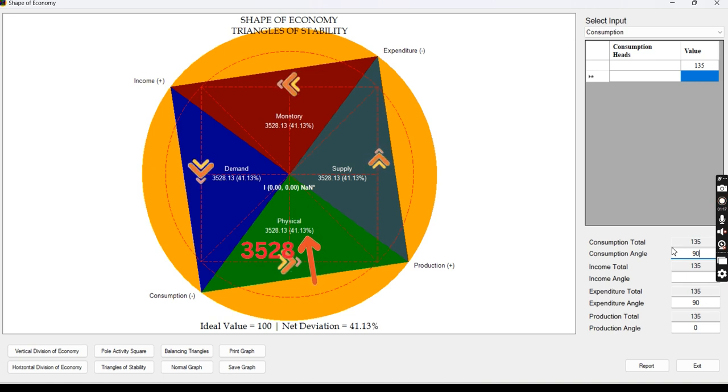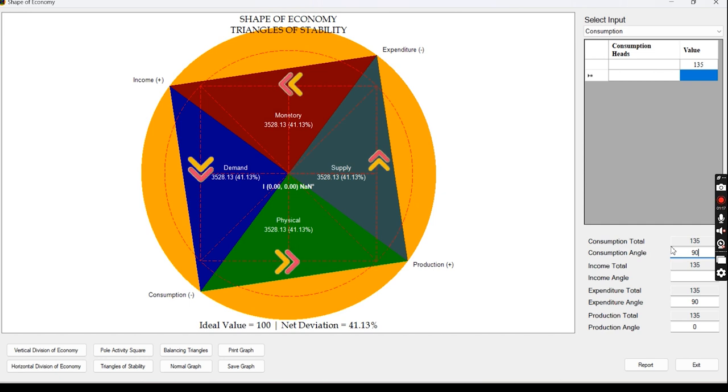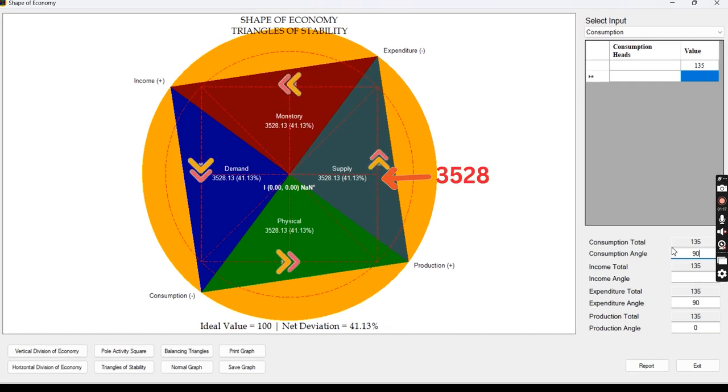Now it is 3525. That is also 41%. And supply is also in perfect shape, because there is now parity of 3541 was the increase in demand, and supply is also the same.